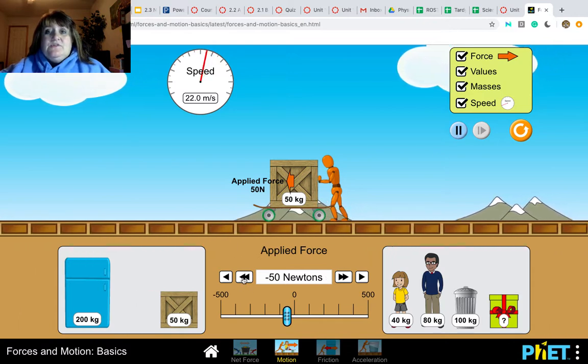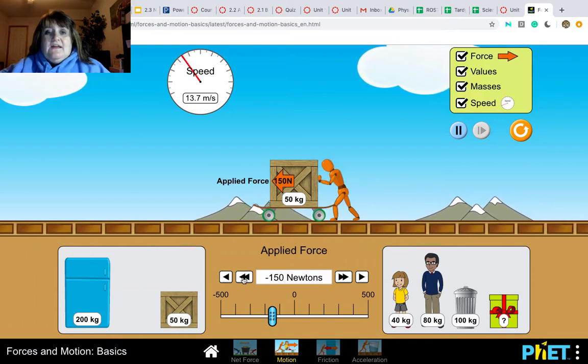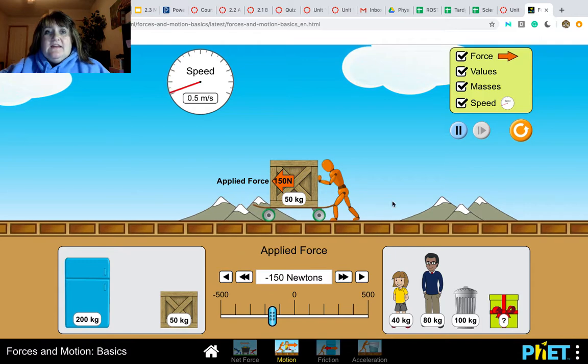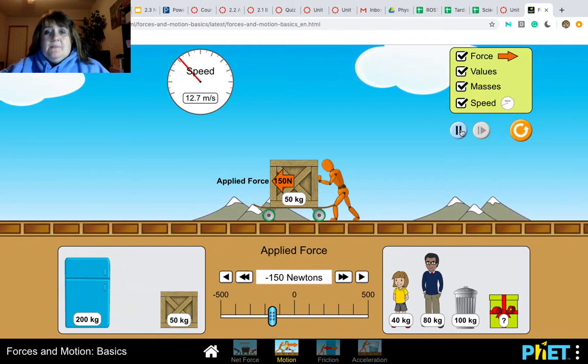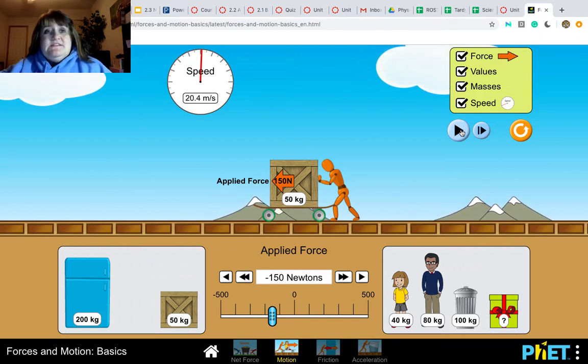Notice I was already going fast, and if I apply a force in the opposite direction, I can eventually slow down to a stop and speed up in the other direction. And you see this in everyday life. You want to slow something down or you're catching something, and you've got to slow it down so that you can turn it and speed it back up.